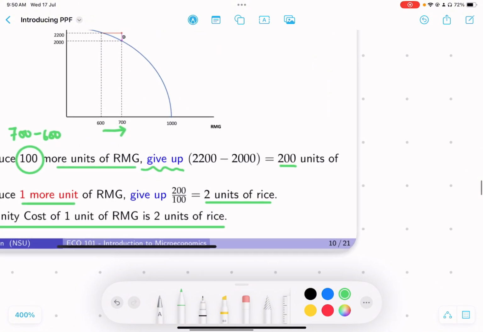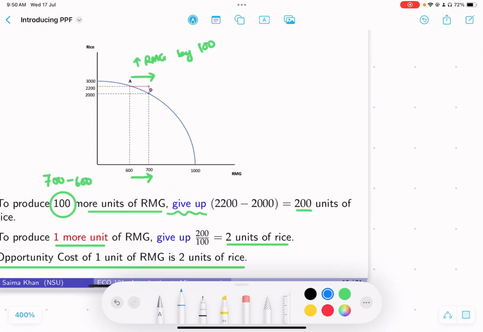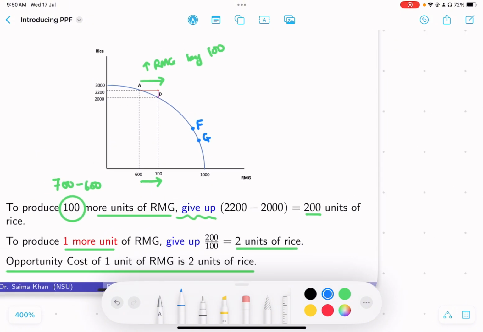Let's actually do another example since we are here. Okay, so let's pick these points. Let's call this F, let's call this G. So let us say that this is a move from 880 to 900.